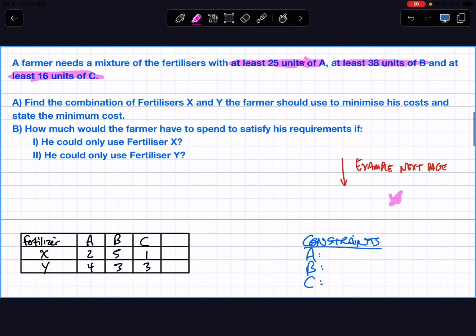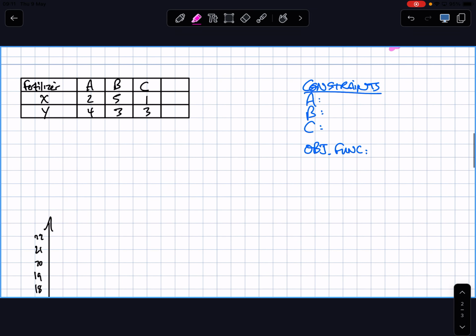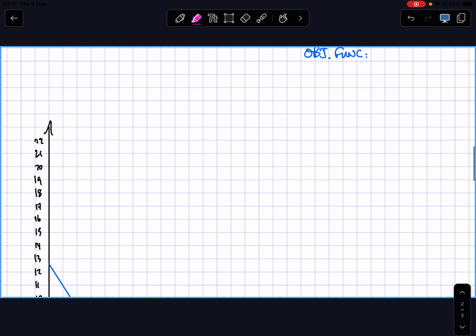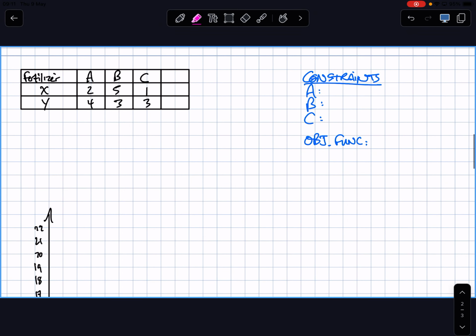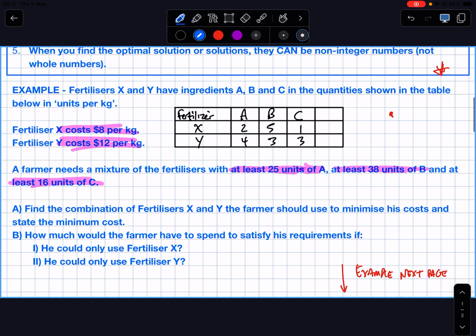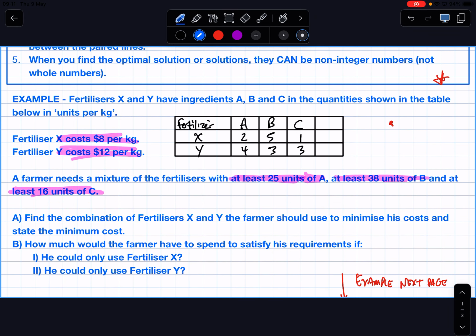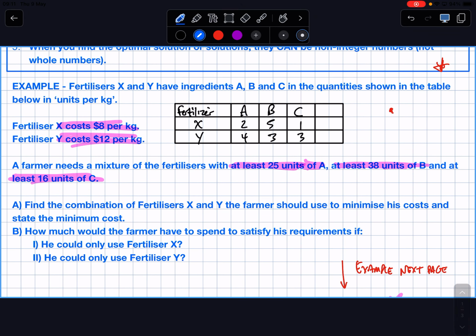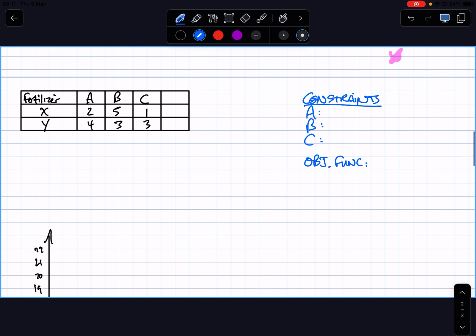I've redrawn the table here because I had to go over the page. So, what were the constraints for ingredient A? What did I need to have at least of A? Good. So this is an example of doing the constraints. At least means what?